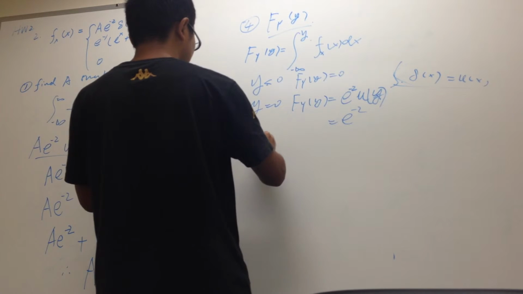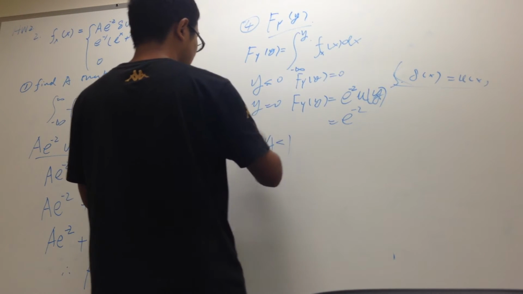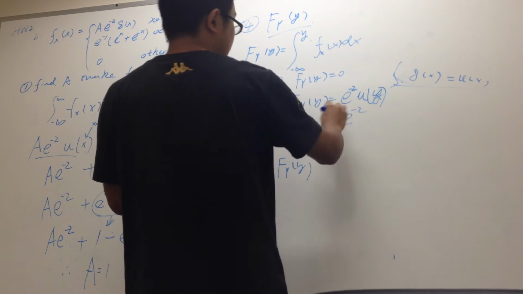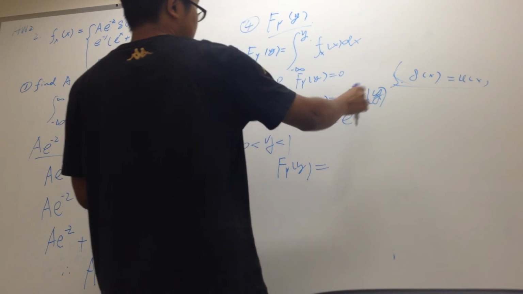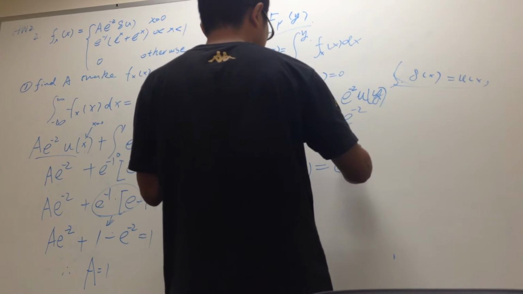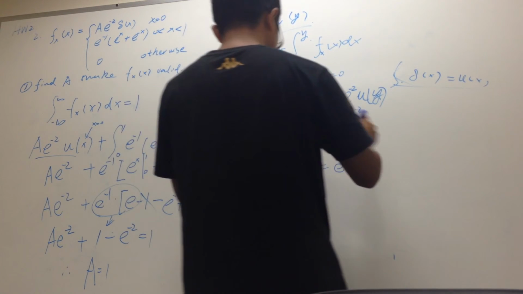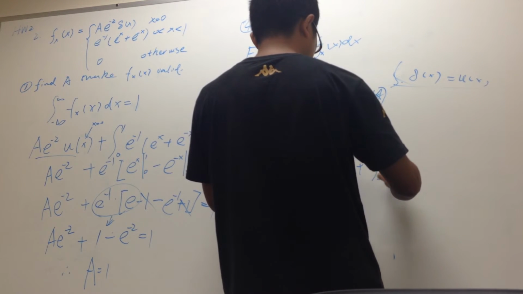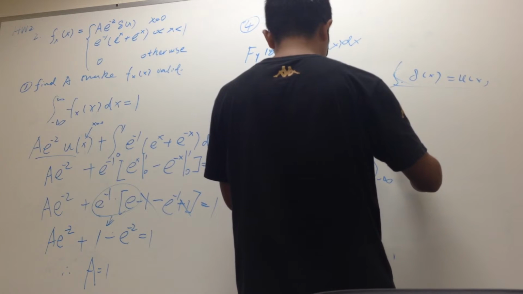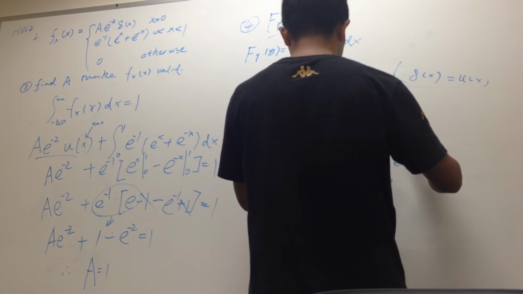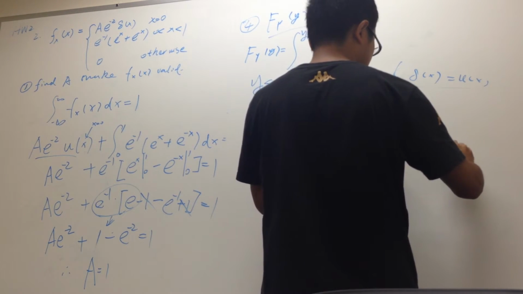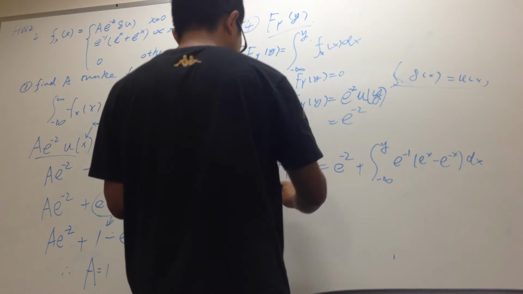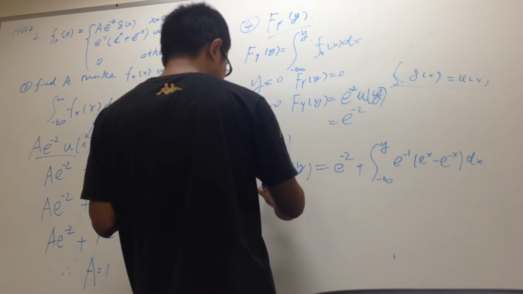When y is between 0 and 1, we must add this one: e minus 2 plus the integral of (e minus 1) e^x minus e^(-x) dx. I'm going to make a simple equation for this one.